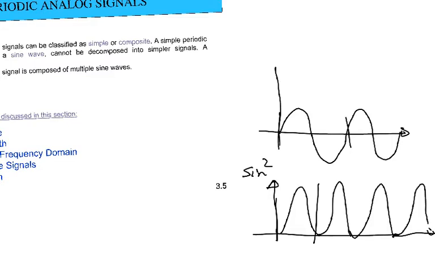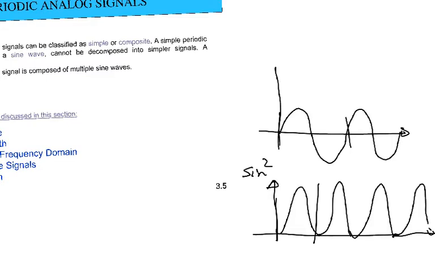Why do we call this composite? Because in actual life, what we will discuss later is that we can represent this composite signal using multiple simple periodic signals. Multiple. Okay? So sine wave and cosine wave are the simplest periodic signals you can have.